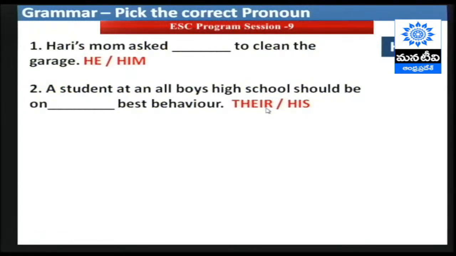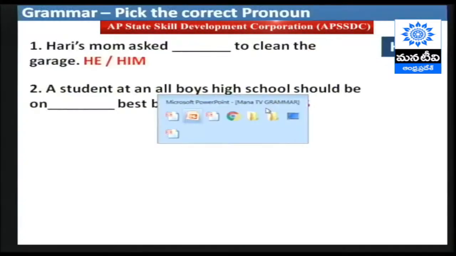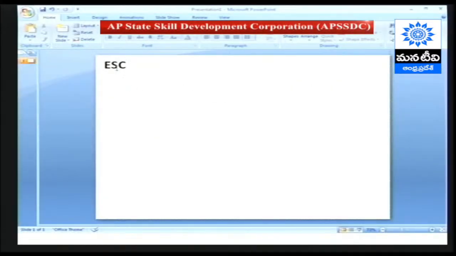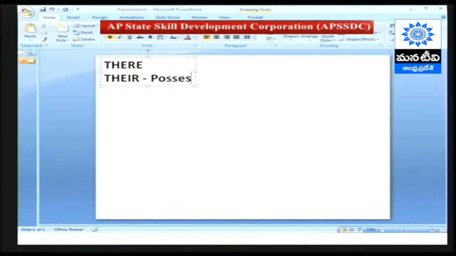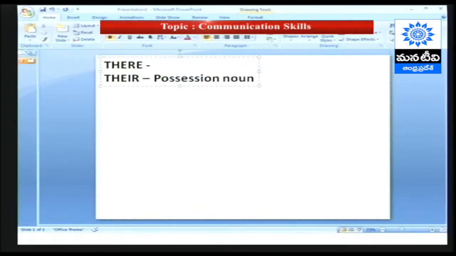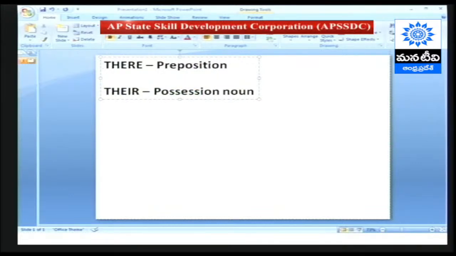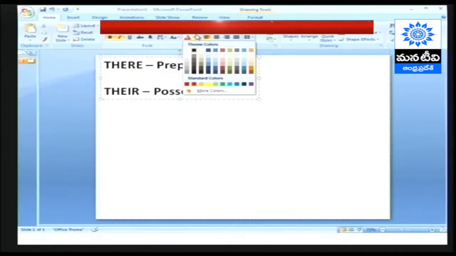There is also there, and THEIR is also there. Let me quickly clarify this. A lot of people do not understand and they interchange these. So THEIR is a possessive, and THERE is a preposition. Please do not get confused here. Both are pronounced the same way.